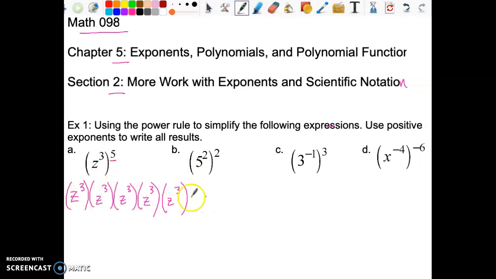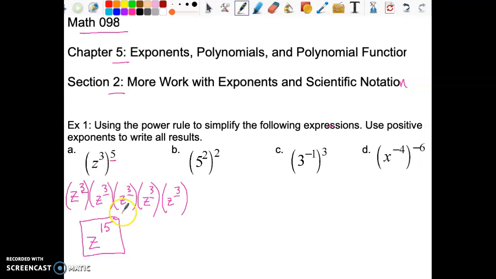Well, if we're multiplying with the same base, we can just add the exponents. Or you could rewrite it all out just like we did in section 1. Z, Z, Z, and so on. Anyway, there's 5 of these 3's. So 5 times 3, kind of giving away my next question, that there's 15 of these z's total.